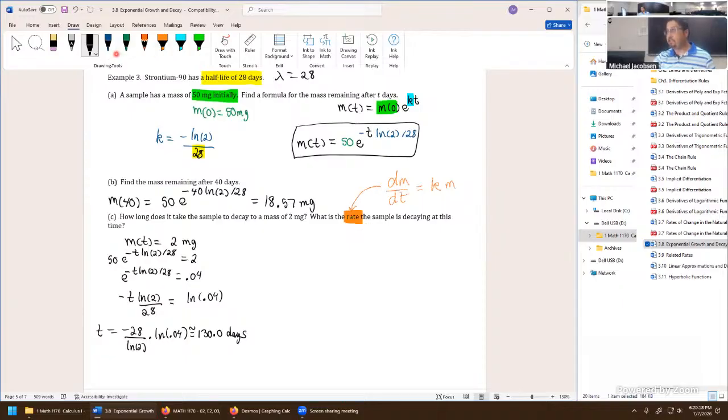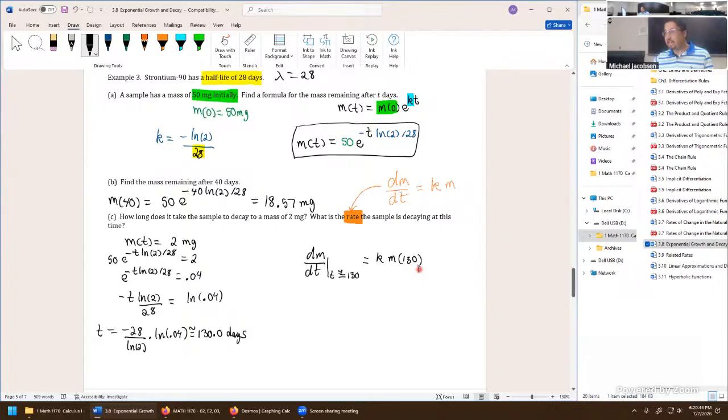Okay, now finally for the rate, using this equation, we can say dm/dt, the rate of change of mass with respect to time, when t is approximately 130, the unit implied to be days, but I'll drop the unit for the moment, is going to be equal to k times the mass at 130 days.